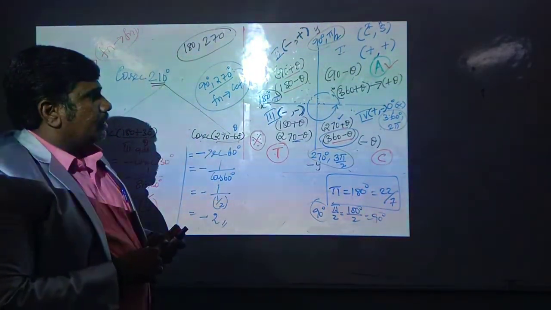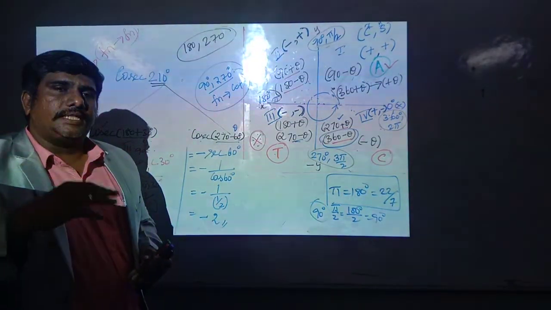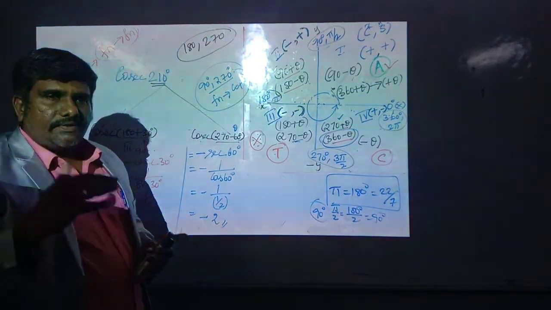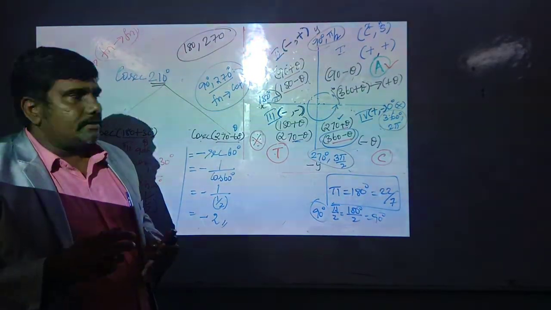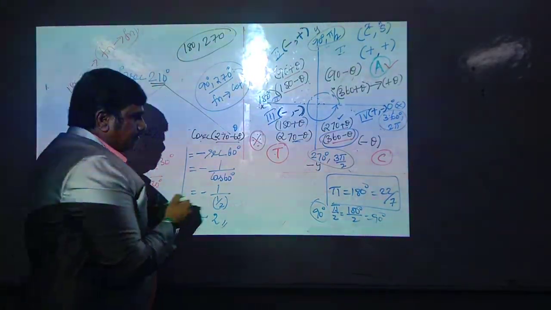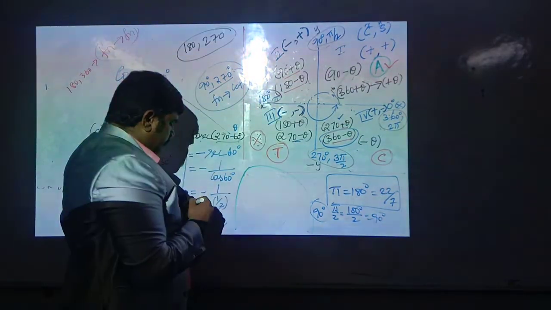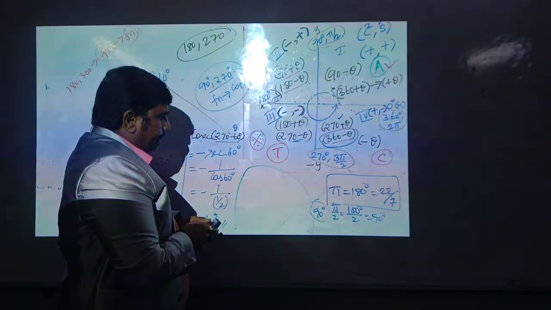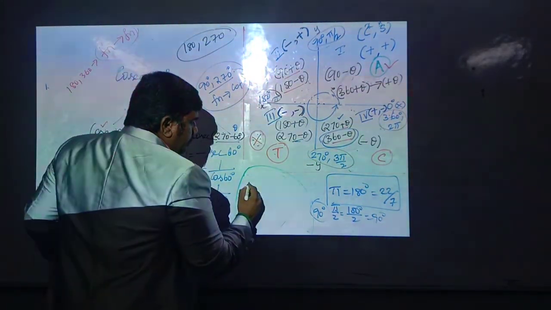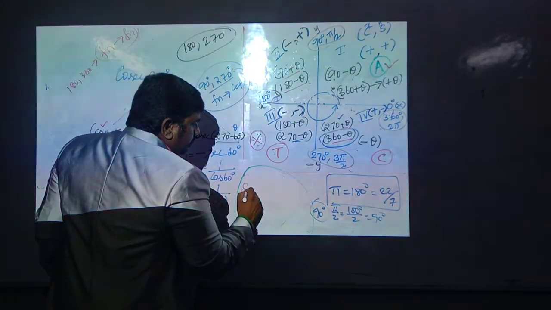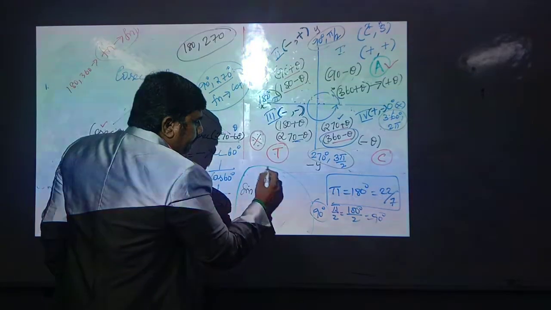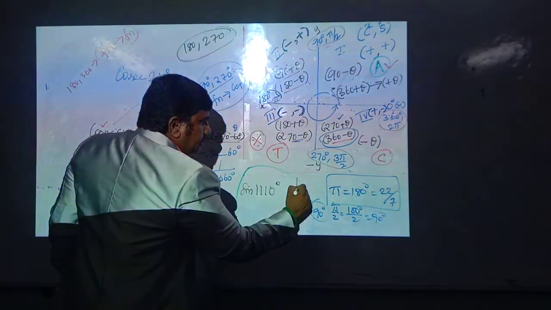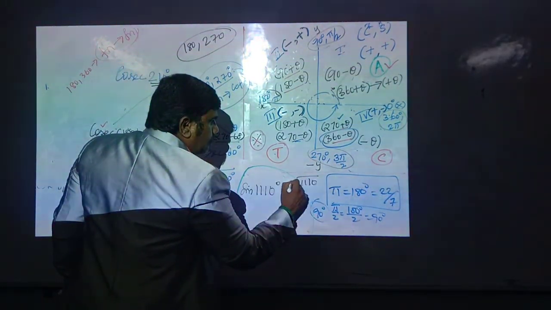And if the angle is more than 360 degrees, and less than 720 degrees, you can just divide. For example, say sine of 1110 degrees. Here you just divide 1110 by 360.